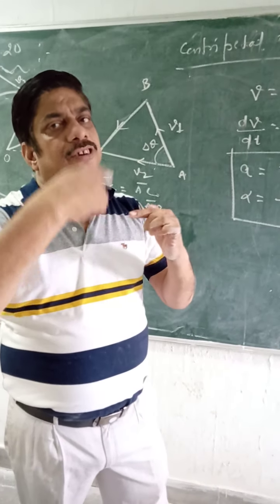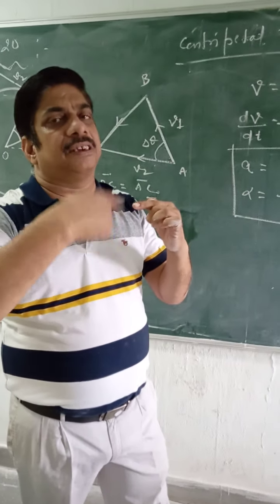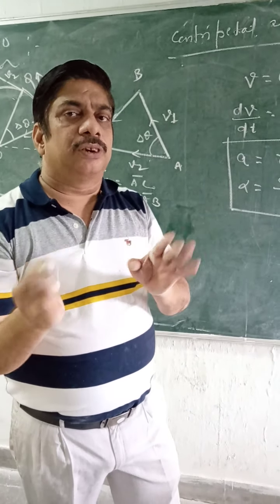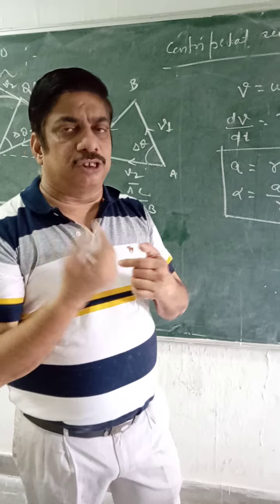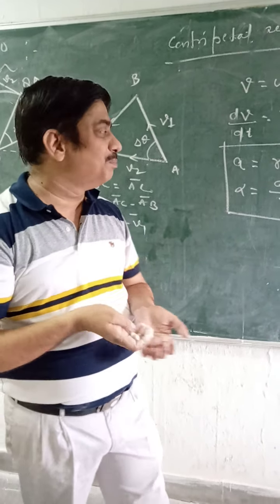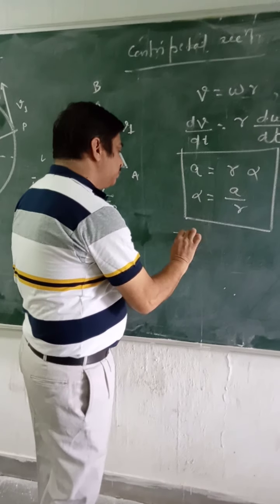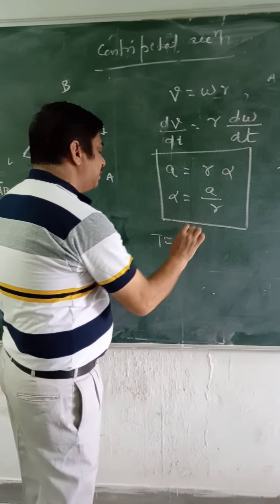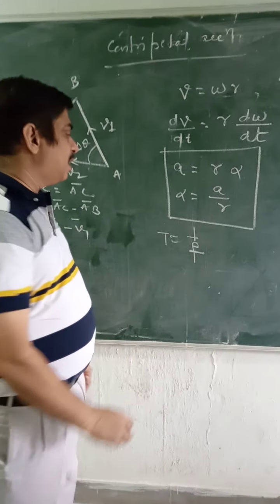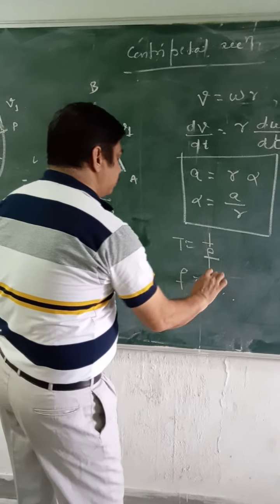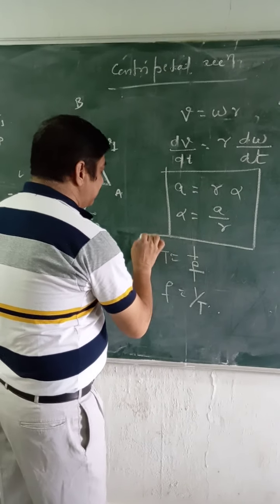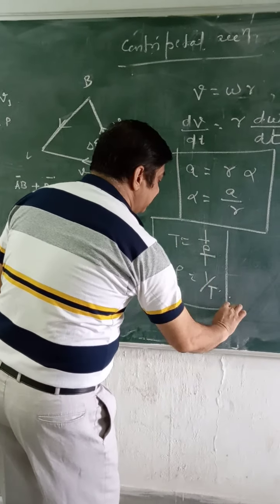The number of revolutions per second is known as the frequency, and the time to complete one revolution is the time period. The relation between them is T is equal to 1 by nu, or f, frequency, or f is equal to 1 by T.